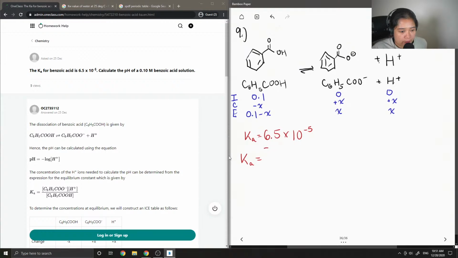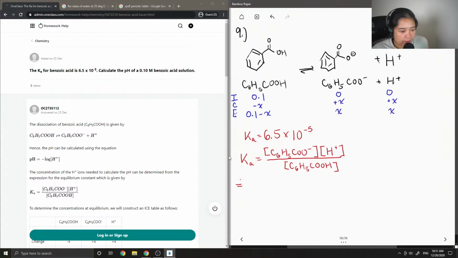So it is the concentration of our products, which is the deprotonated benzoic acid, times the concentration of protons in solution, divided by the concentration of our reactant, which is benzoic acid.